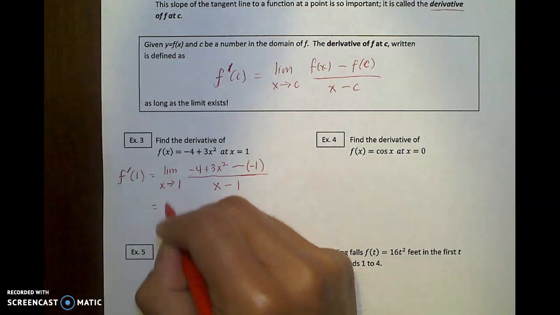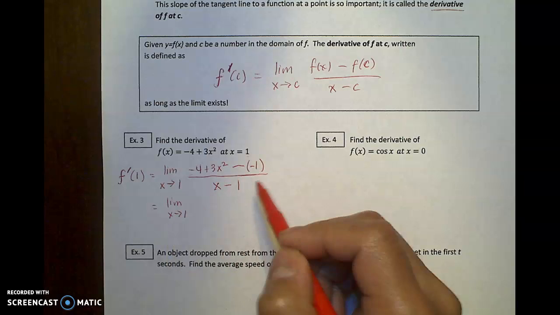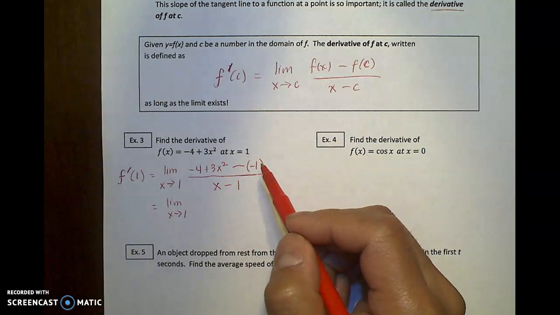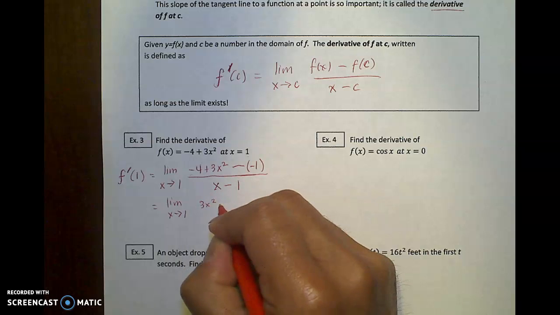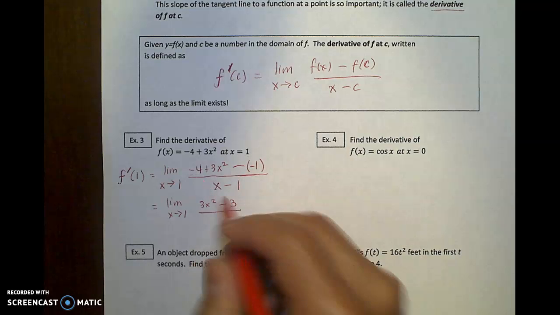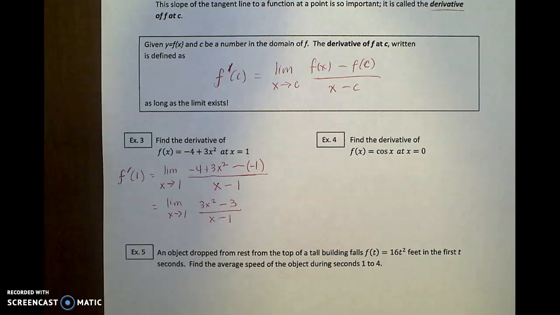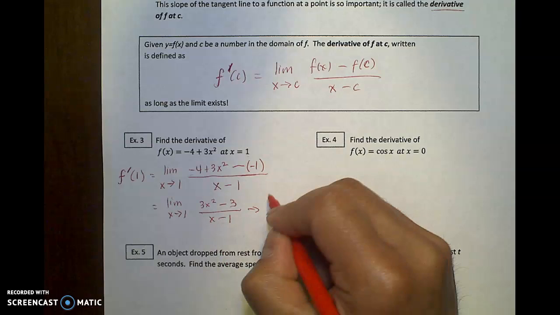Alright, so let's simplify that. Minus negative 1, that's plus 1. So it's going to end up being 3x squared minus 3, combining like terms, all over x minus 1. I can't just plug in 1 for x, my function will be undefined, so I'm going to do a little factoring.